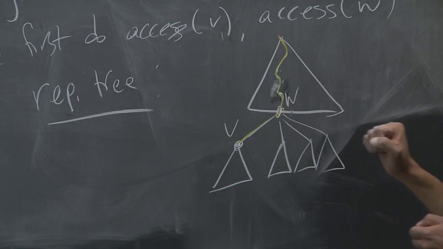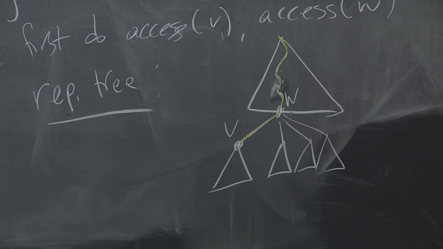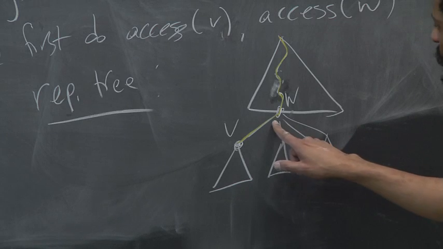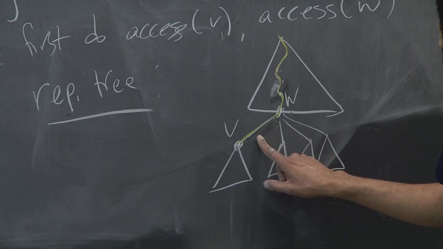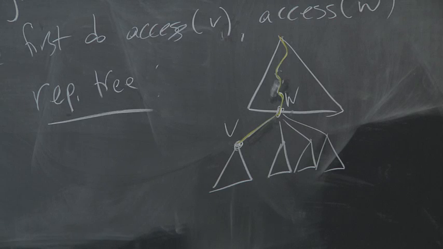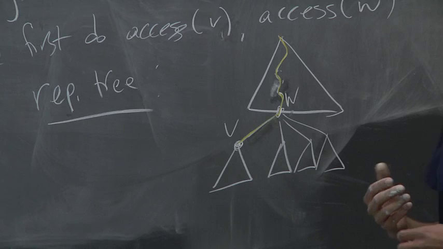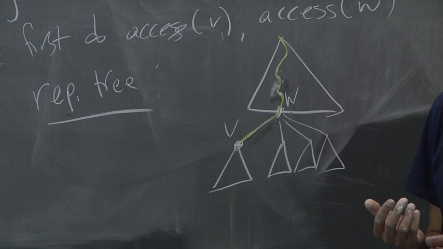That's already taken care of. But then after we do those two accesses, we add this edge right here, right? So what changes now is light versus heavy, right?